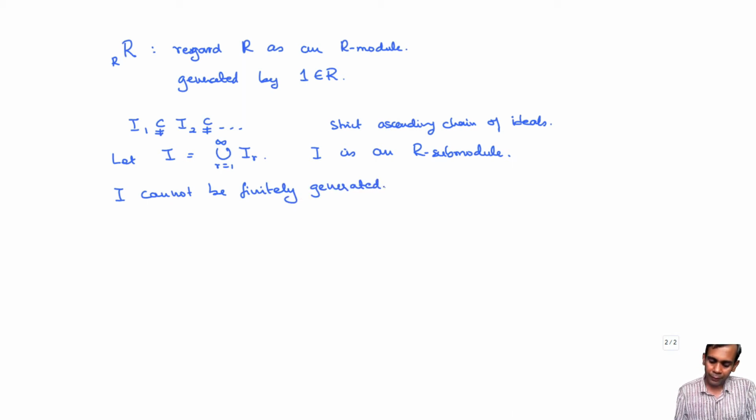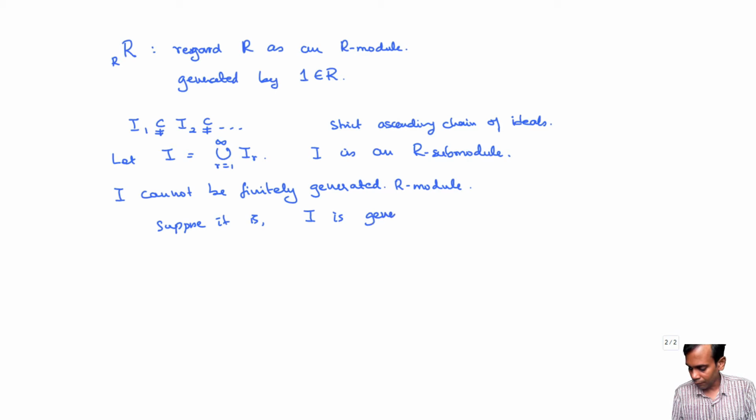Why is that? Suppose it is finitely generated as an R module. Then say I is generated by some elements m1, m2, mn.